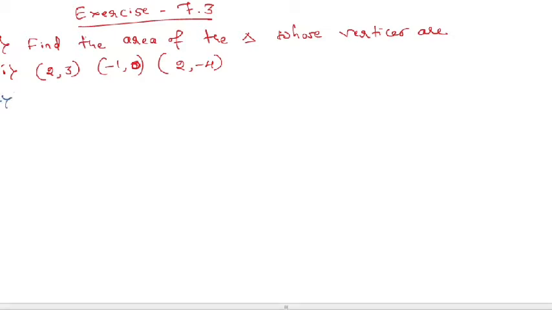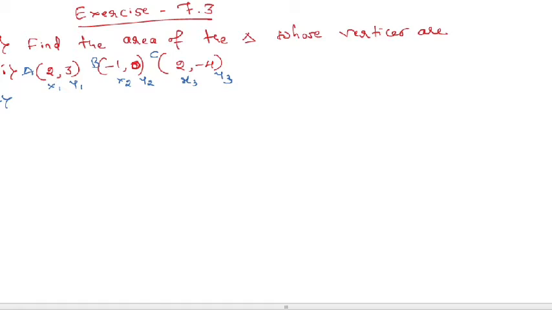Here only the vertices of the triangle are given. Say they are A, B and C. A triangle has 3 vertices, so name these points x1 y1, x2 y2, x3 y3. What is the formula here?